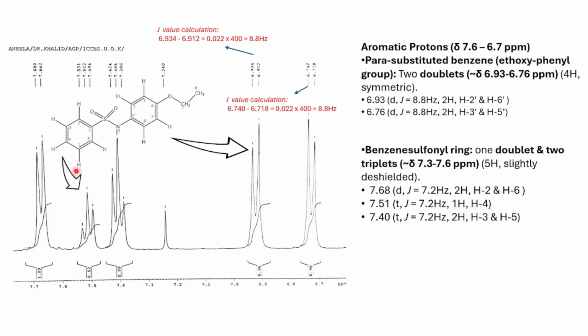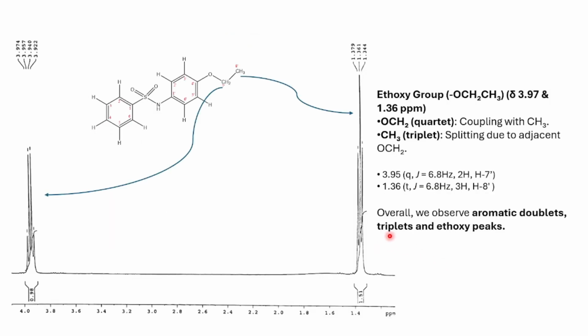This one is ortho coupled with these two protons and showed a triplet. The other triplet appeared at 7.40, J value 7.2 Hertz, 2 protons, H3 and H5. These two protons coupled with the H2, H6 and H4 protons and appeared as a triplet at 7.40.